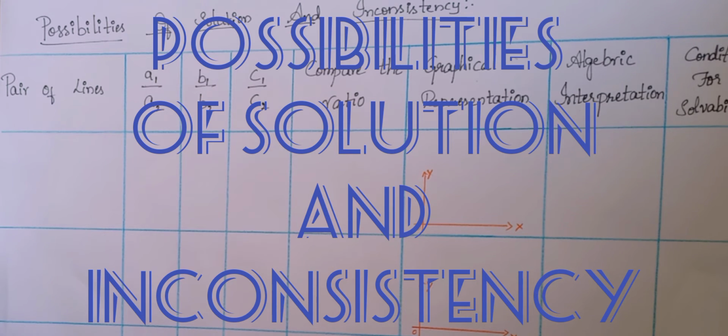In parallel lines we are not getting any solution. And coincident lines, how many solutions? Infinitely many. So we don't know the exact solvability, whether we can get the solutions or not, and what its consistency is. Everything today we are going to learn.